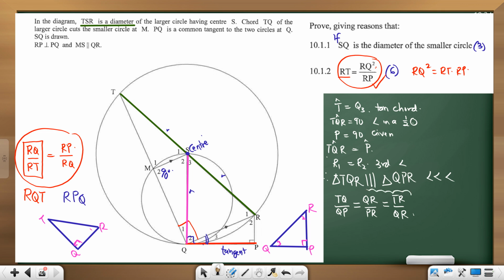Similar triangles, that's my reason. Cross multiply, what do I have? RQ squared equals TR multiplied by PR. I can then divide both sides by PR, just the way the examiner wants it. TR will be RQ squared over PR.